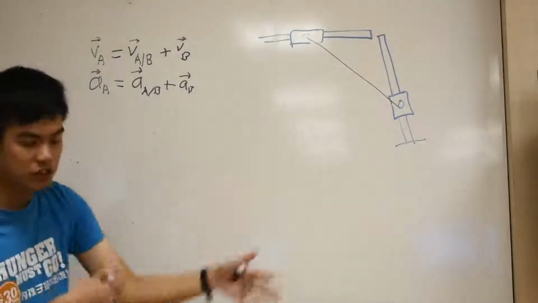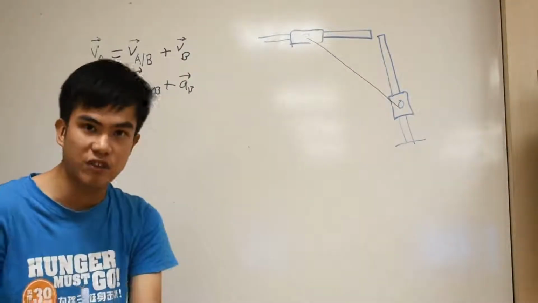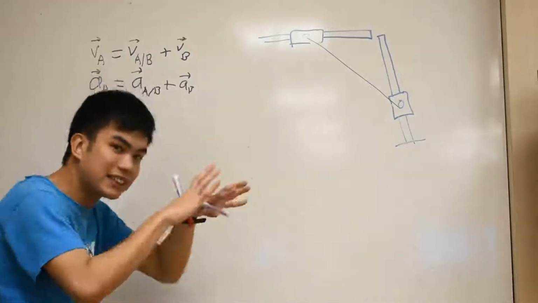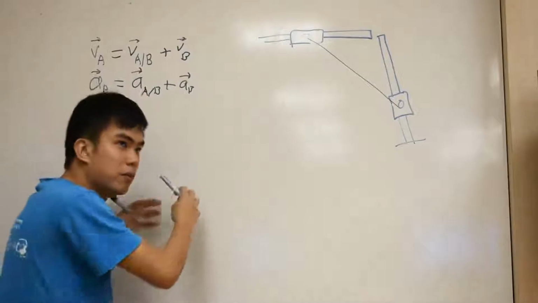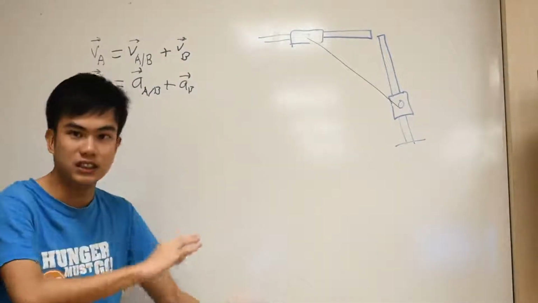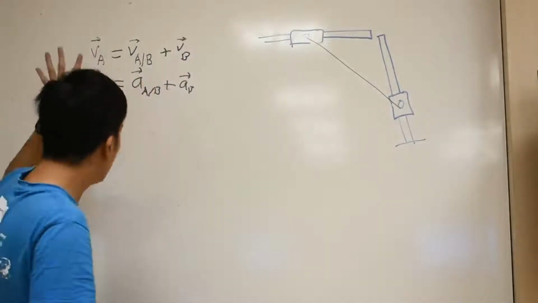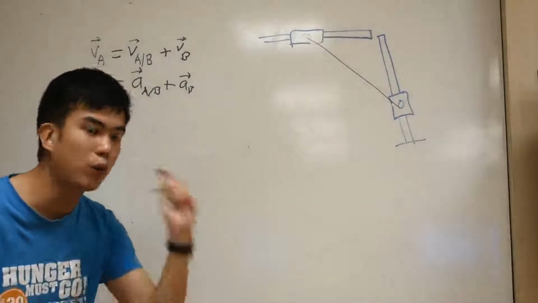So what is the difference between the body attached rotating reference system and the point attached translating reference system? I'm not going to distinguish the differences now. You just accept the fact that we need to use point attached first. After we talk about body attached, only then will we go through the distinctive differences. So when you are doing this tutorial, just keep in mind that you always use these 2 equations only. There is no Coriolis acceleration or anything of the sort.